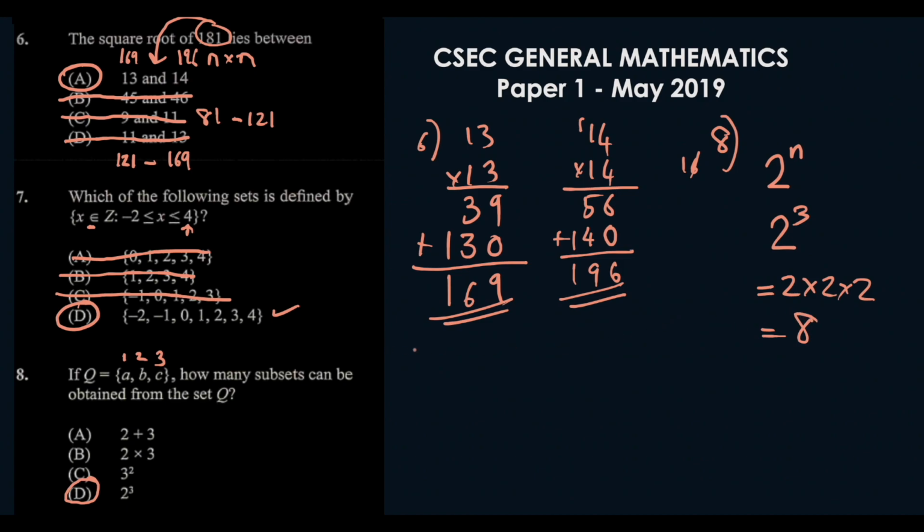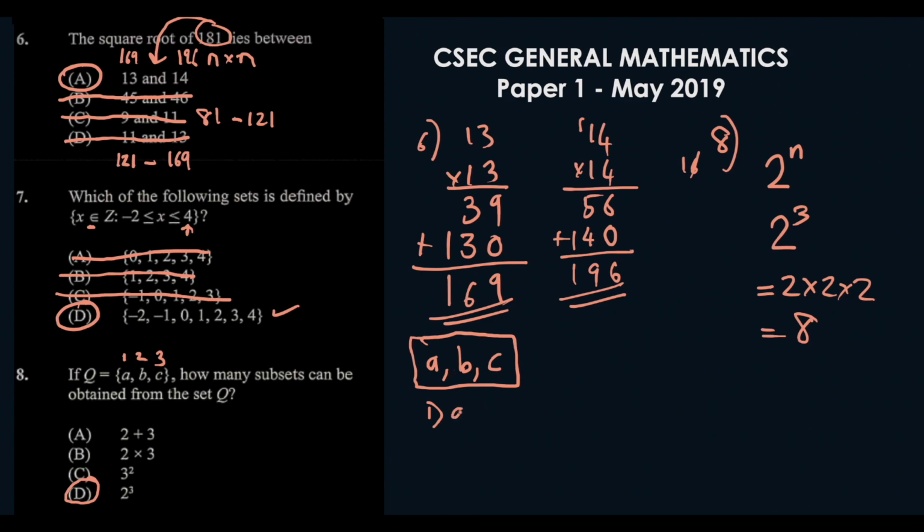Now let's try to make sense out of this. So what is a subset? When we're talking about a subset, we're talking about a set that can be made from a bigger set, in this case ABC, which must have elements of that particular set. So if I was to choose from this, what smaller set can I have?